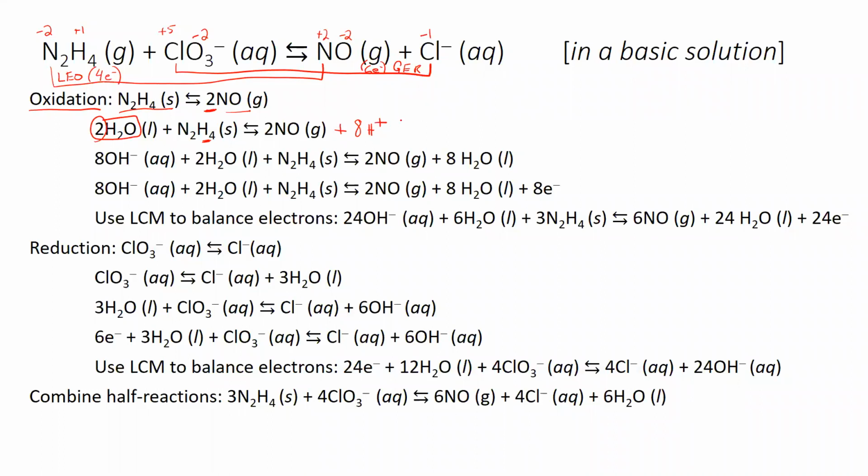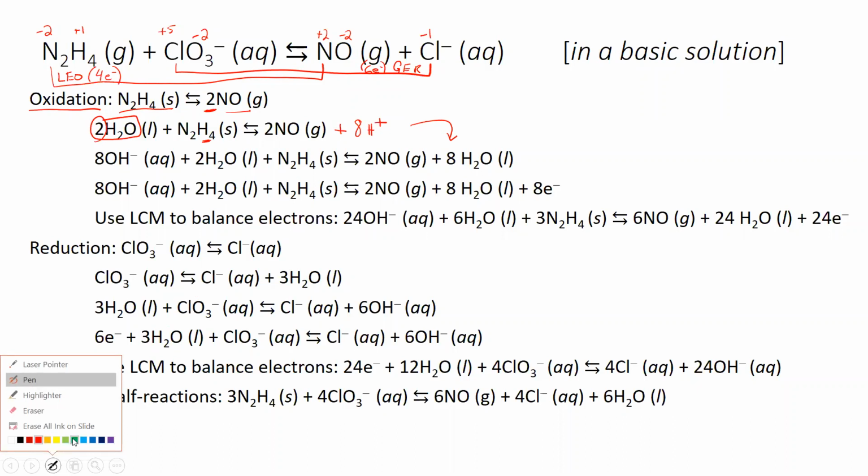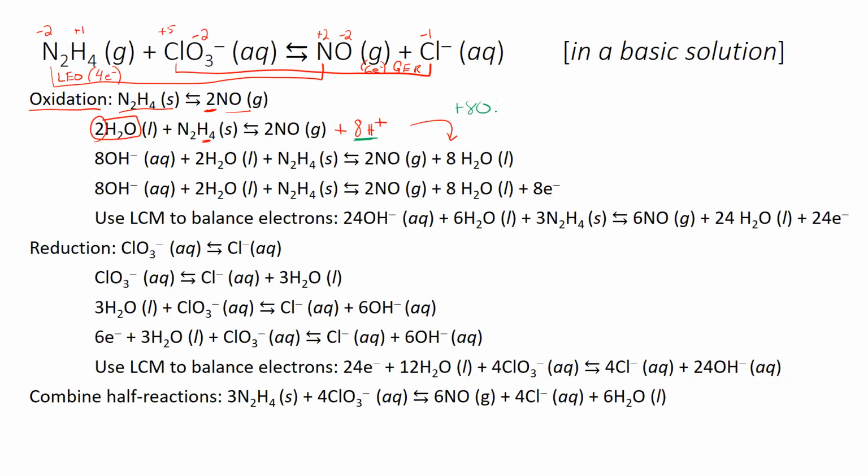And so going from this step here to the next step, we're going to add some hydroxide ions, okay? And so the hydroxide ions, if you have 8 hydrogens here, what you're going to do is add 8 hydroxides to the right side and 8 hydroxides to the left side.